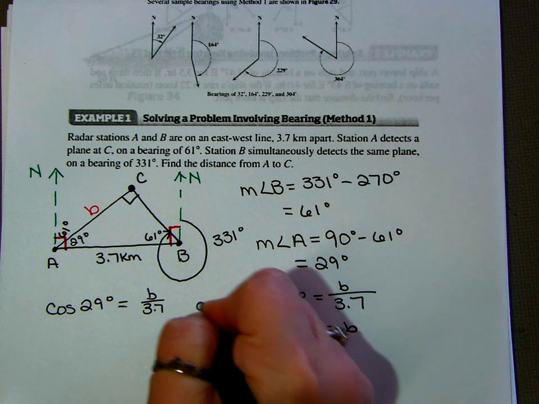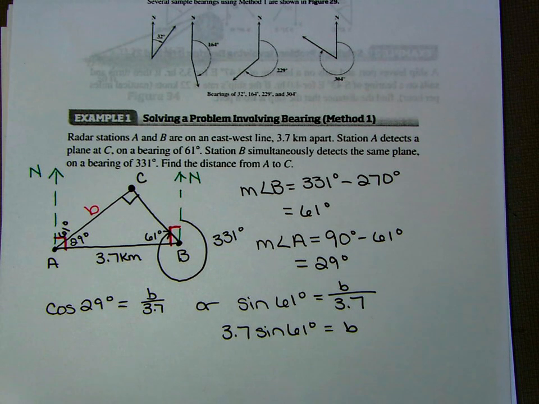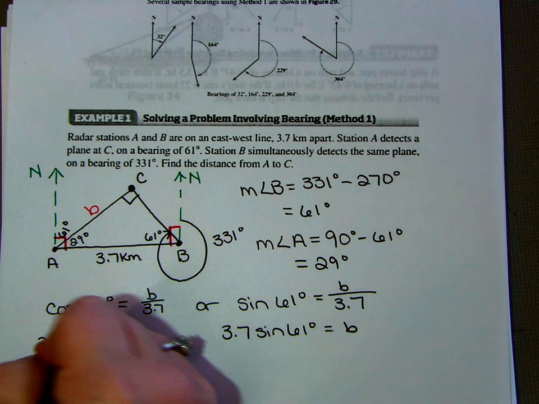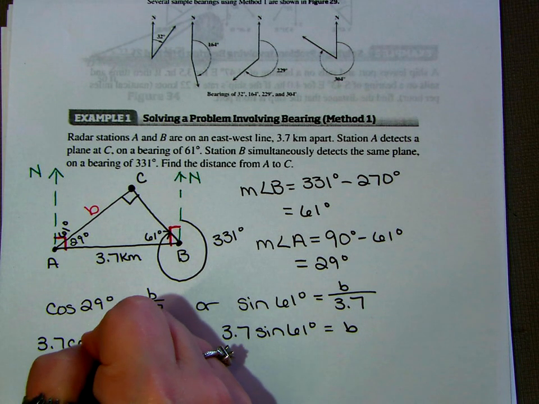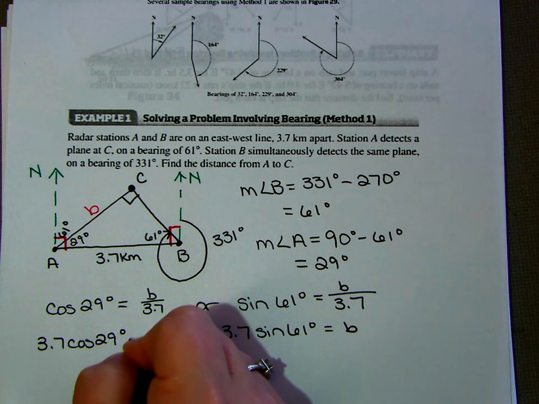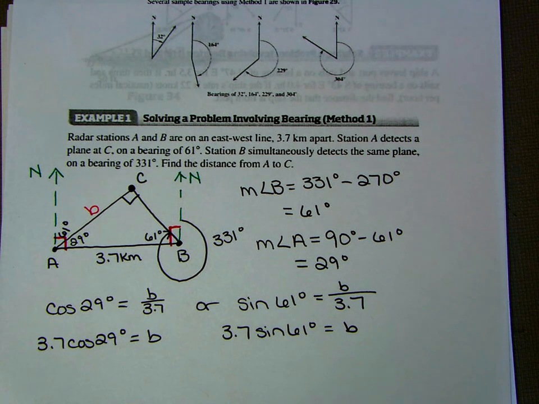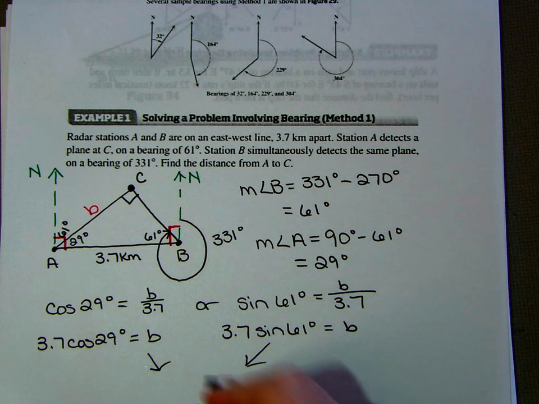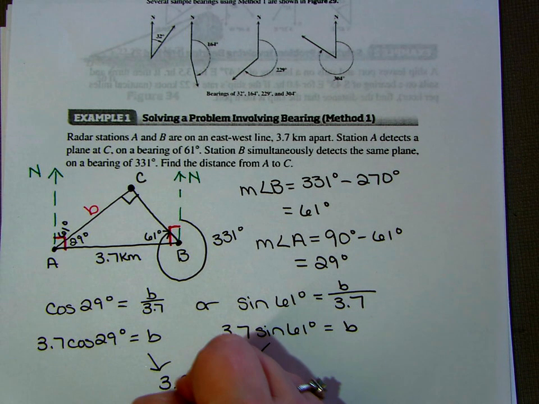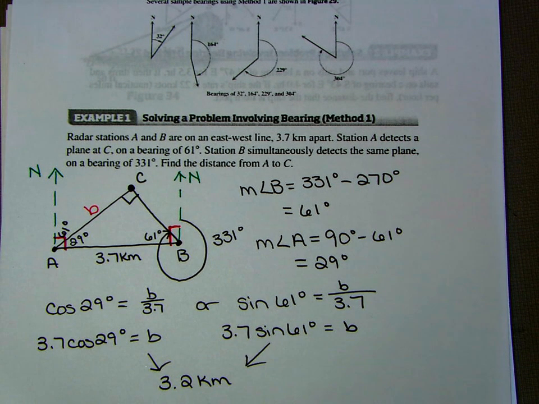So this is an or situation. Either of these are going to give you the exact same measurement. If you type either one of them into your calculator, you should get 3.2 kilometers.